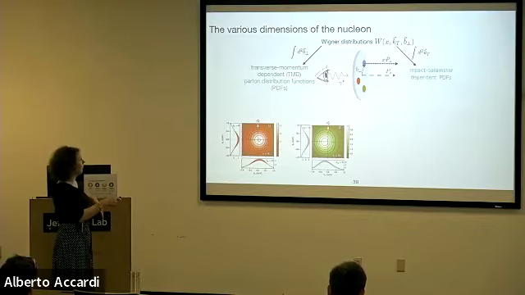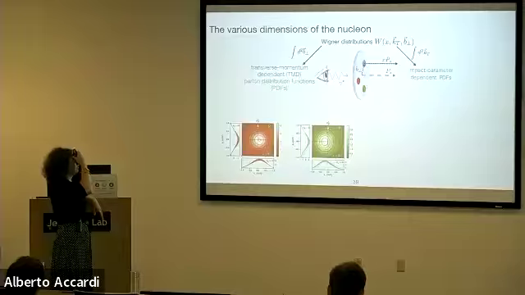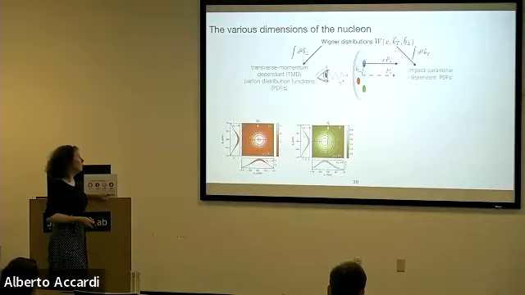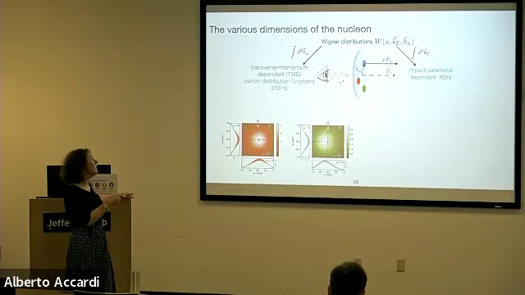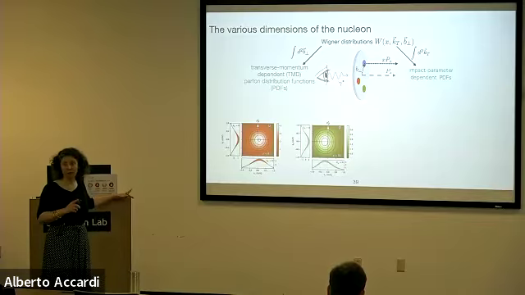Now, on the other hand, if we go back to our Wigner distributions and we integrate them over transverse momentum, then we obtain so-called impact parameter dependent parton distribution functions. And they tell us the probabilities of finding a quark or a gluon as a function of its longitudinal momentum fraction x and as a function of its transverse position.